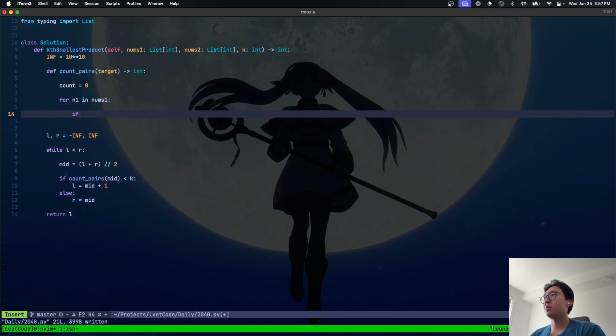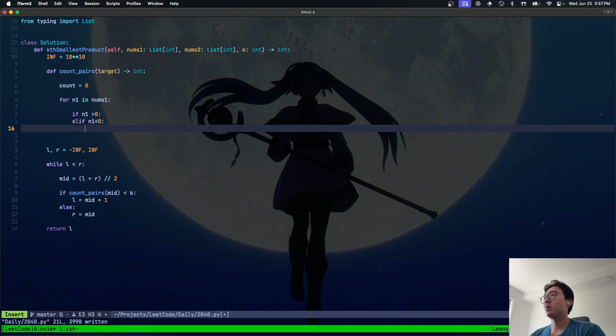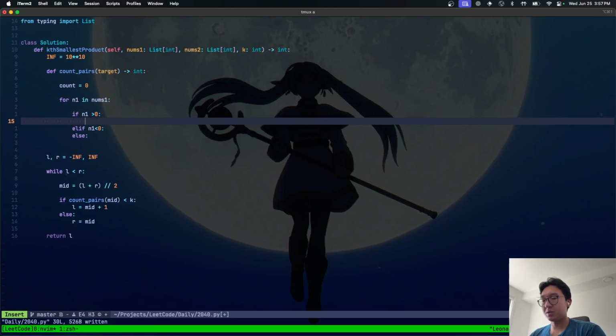Okay, so if num1 is greater than 0, then the target for num2 is going to be the target divided by num1.